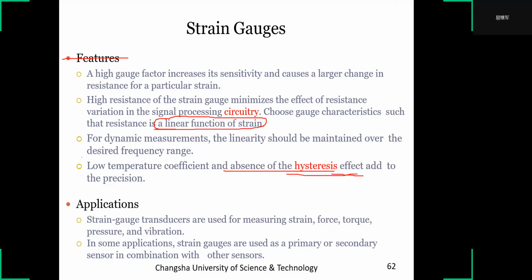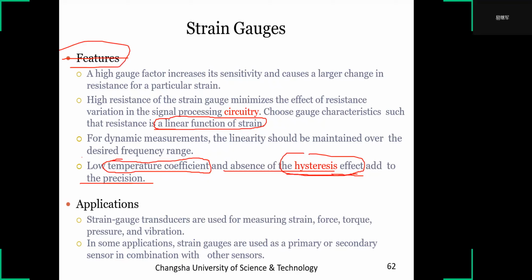Hysteresis effects add to the imprecision. No hysteresis effects and no temperature coefficient. Those are the features of the strain gauge.